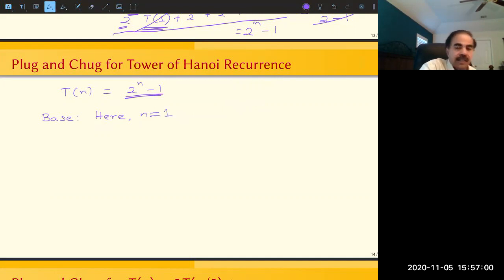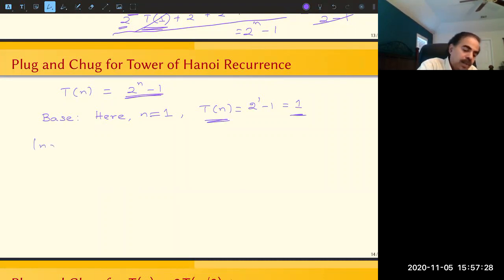Because that is our base case, not n equal to 0. So let's put n equal to 1, then we get T of n equals 2 to the power 1 minus 1, equal to 1, right? Which matches because in the base case, we are just moving one disk. So there is exactly one move. So T of n correctly gives us the value for the base case, right?